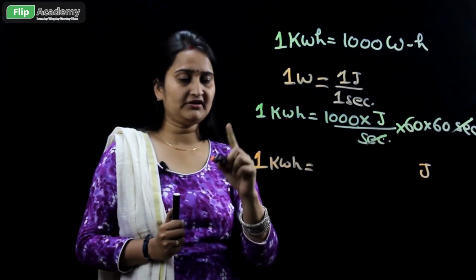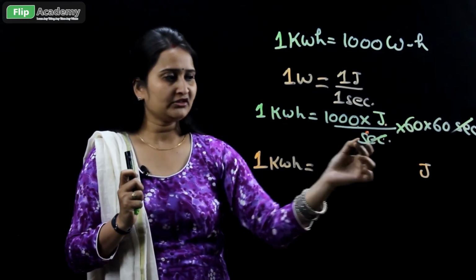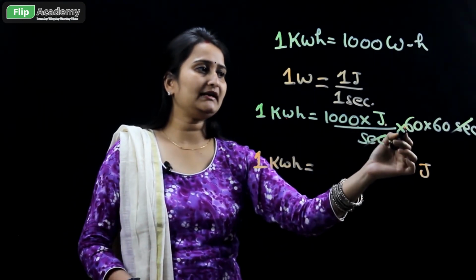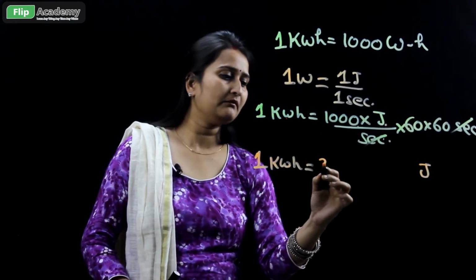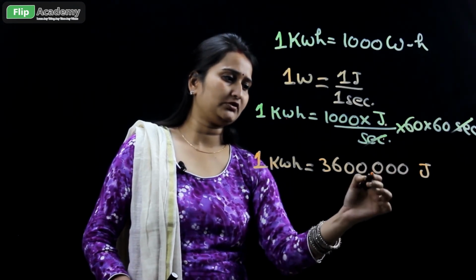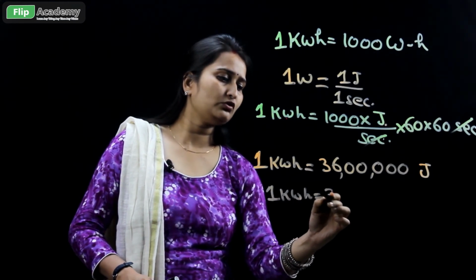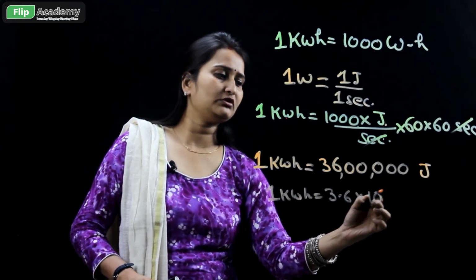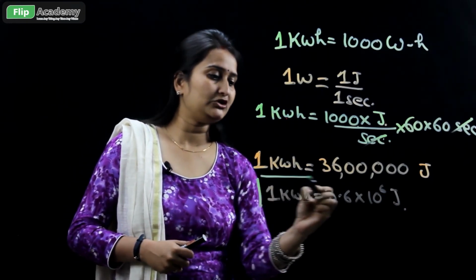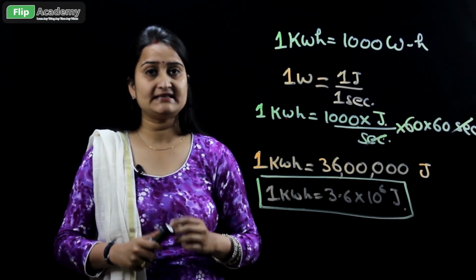All the units are finished, seconds are cancelled out, so only the unit joule is left. Now count the numerical value: it is 1000, 60, 60. It will become 3600 and 3 zeros. We can also write that 1 kilowatt hour is equal to 3.6 into 10 raised to the power 6 joule. This is a very important relationship that you have to learn and keep in mind while solving basic numericals.